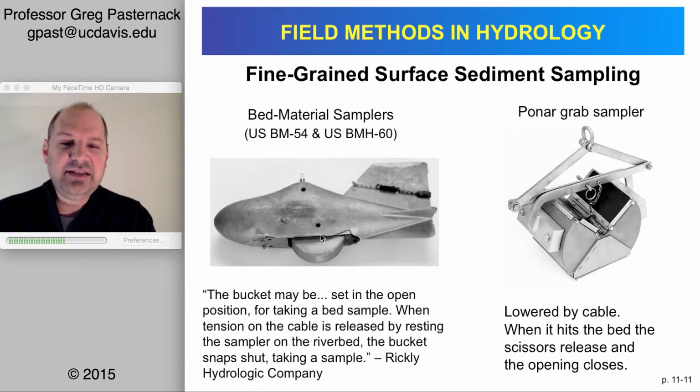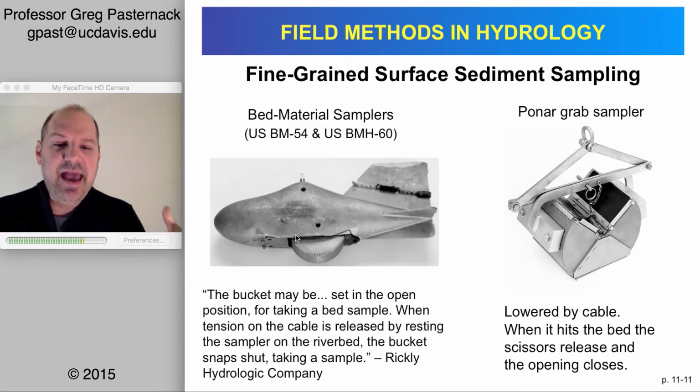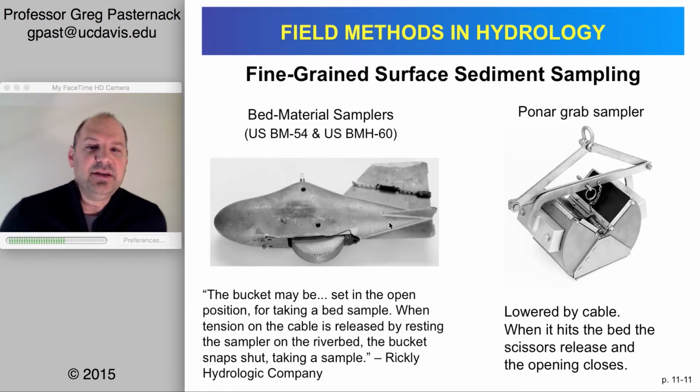And so this has a spring-loaded device in here. So what you do is you push this down, and when it hits the bed, it's going to snap, and that's going to cause this wheel to cycle through, and it's going to grab a sample and be closed up inside into here.